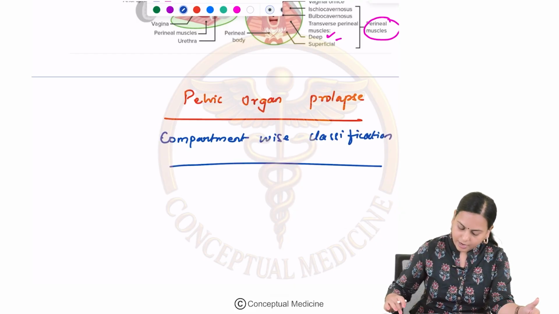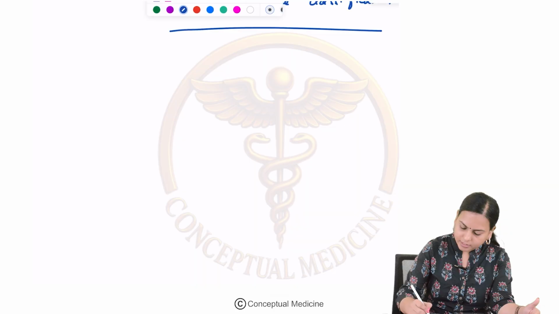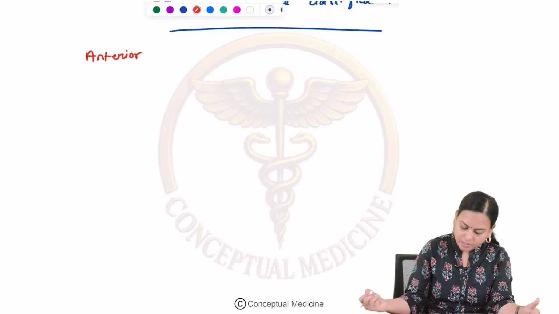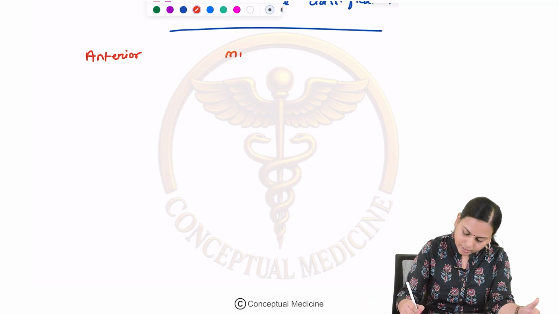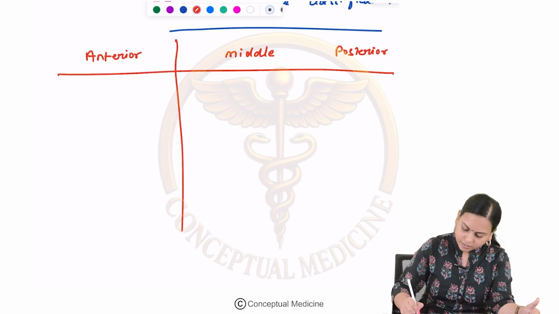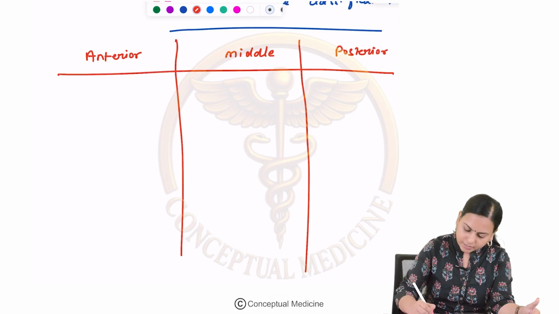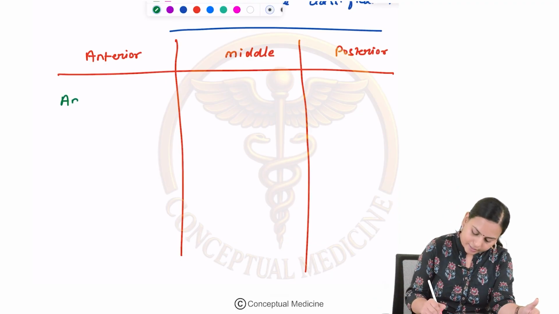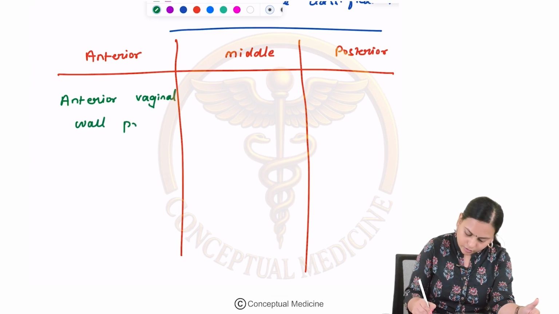This can happen at the anterior compartment or the middle compartment or even the posterior compartment. Okay. So, anterior compartment is nothing but anterior vaginal wall prolapse. Okay.